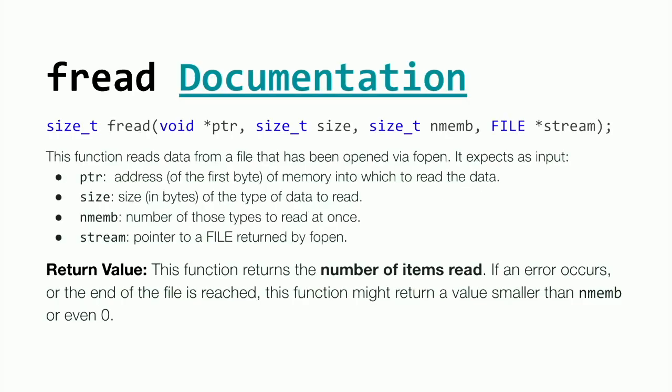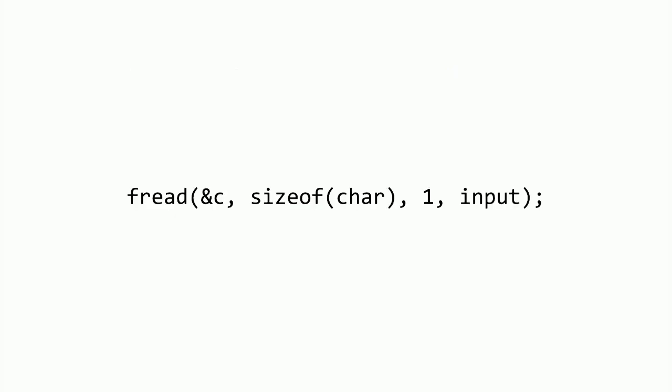And so what do those inputs mean? Here we have &c, so the address of c, we'll talk about what c is, sizeof(char), and then 1, and then input. So what does that actually mean?